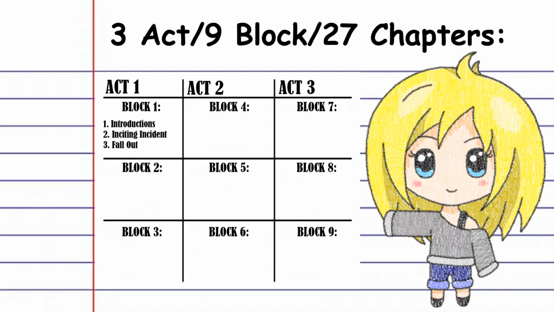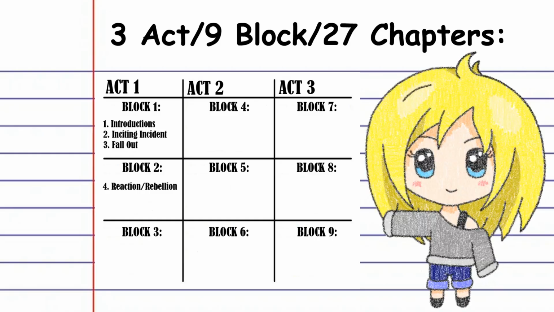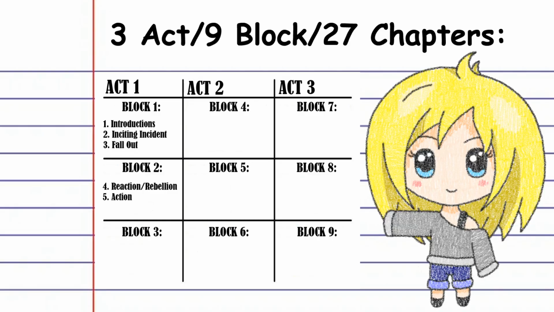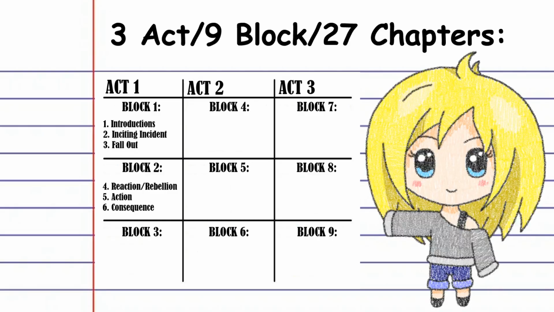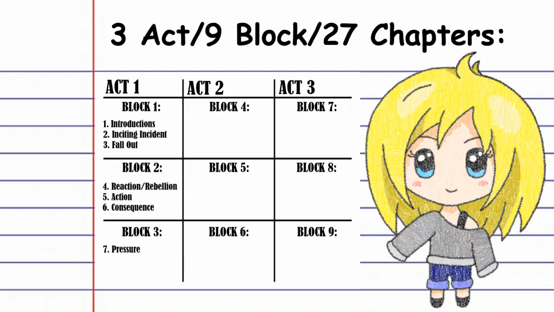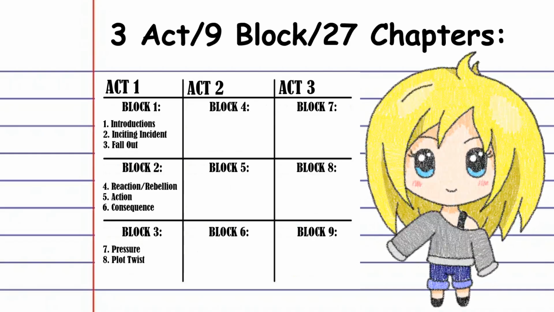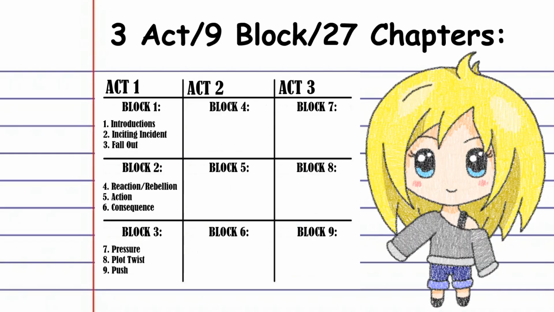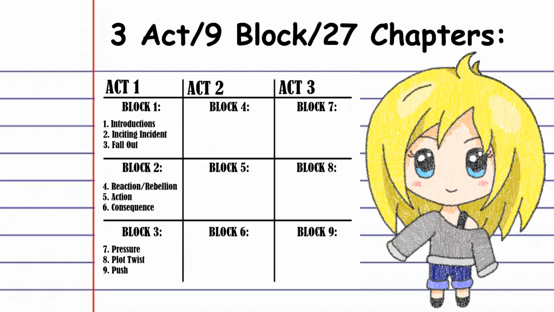In Block 2, we have the reaction and rebellion, where the protagonist tries to fight the changes in their life, the action that the protagonist decides to take, and the consequence of that action. In Block 3, we add some pressure. Things get a bit more intense. Then there is a plot twist, always fun, I love plot twists, and a push into the next part of the journey, which leads us to Act 2.